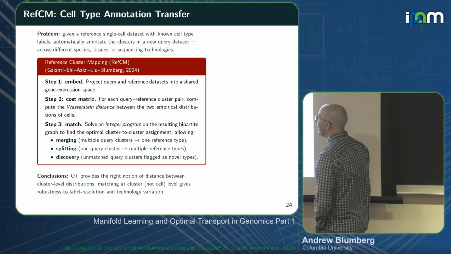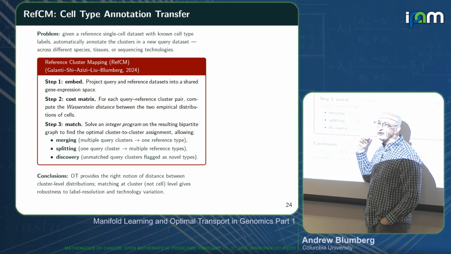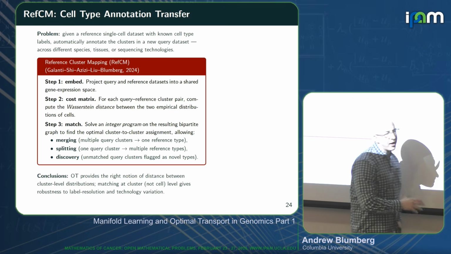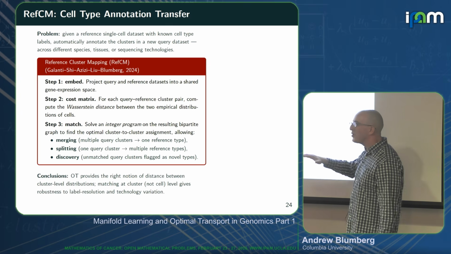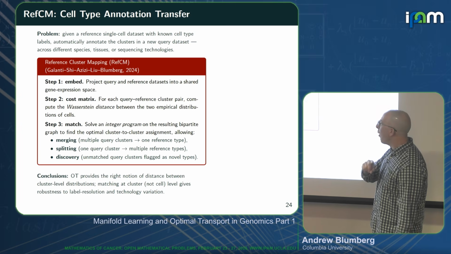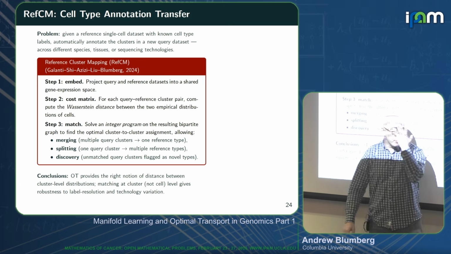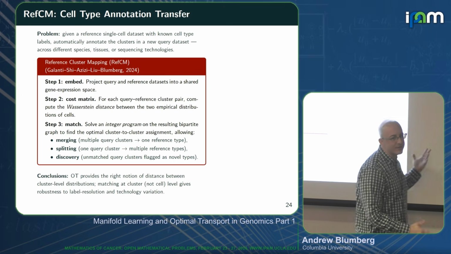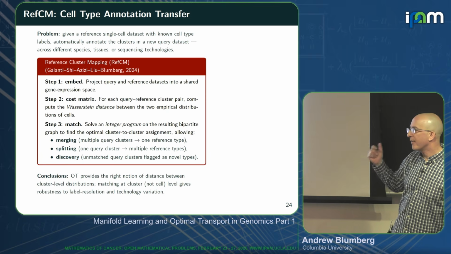But more interestingly, it says something cool, which is that the fact that optimal transport works to do this says that in some sense, a lot of what we mean by cell type is probability distribution in genomic space. That's what it tells you. And one interesting thing we did with this was compare with a nice paper called SATURN, which does stuff like this. SATURN uses protein embedding data.